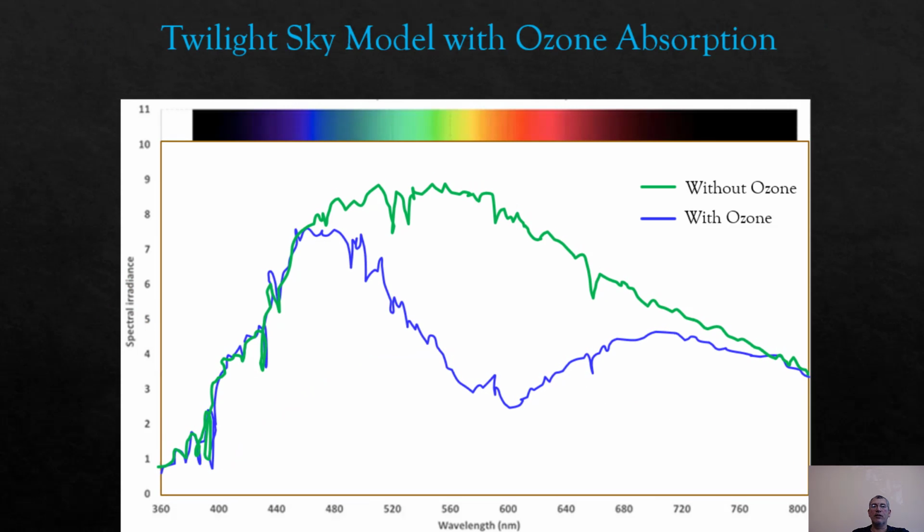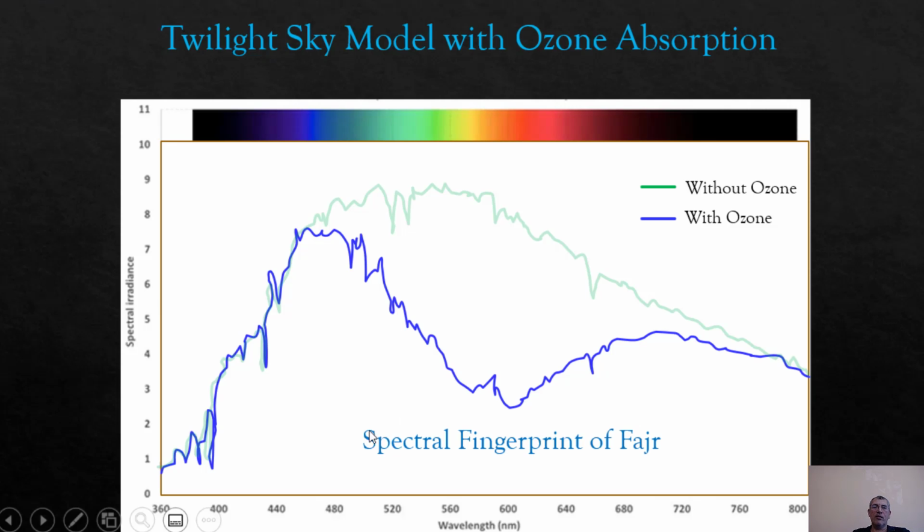Now this is basically the fingerprint that we were talking about. Once we collect all the data we have on the Fajr, inshallah, and normalize it to one fingerprint, we should be getting something similar, where it peaks around 480 and then drops down in this area.